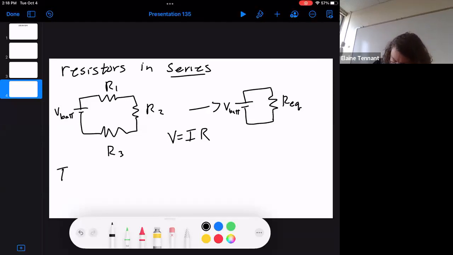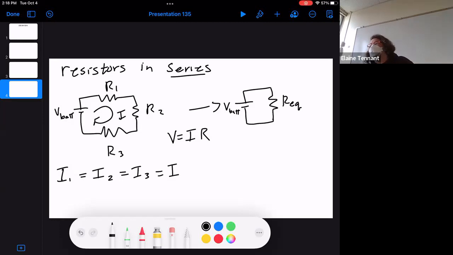So the current in 1 has to equal the current in 2, has to equal the current in 3. And so we're just going to call that I. We don't need a subscript on it because it's all the same. Also, since this is an equivalent resistor over there, the current through that equivalent resistor needs to be the same as the current through my first circuit.